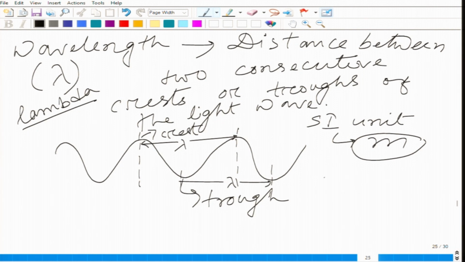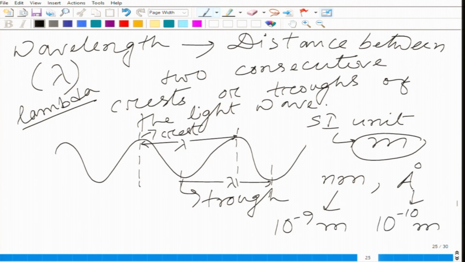We express them mostly in nanometer or angstrom. What is nanometer? 10 to the power minus 9 meter. And what is angstrom? 10 to the power minus 10 meters. We generally express wavelength of light in nanometer or angstrom scale, but the SI unit is meter.